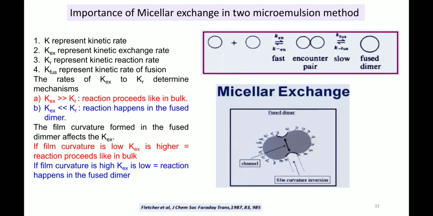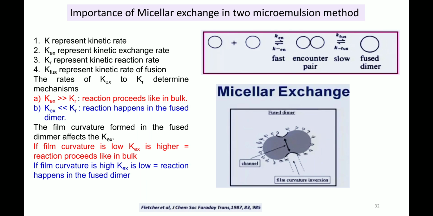When we add the two separate micelles together, the collision is fast, and then they encounter a pair. Once they encounter a pair, the next process, to get the complete fused dimer, is a slow process.